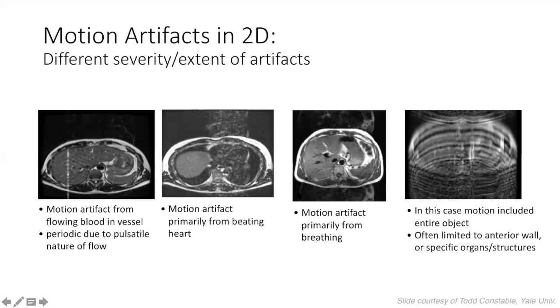Then you can also get a motion artifact from breathing. And then you can get a motion artifact that completely goes off the rails, where basically the entire object is included as an artifact, this kind of bulk motion. So you can have different severity and extent of artifacts.